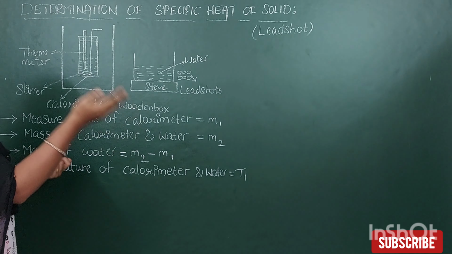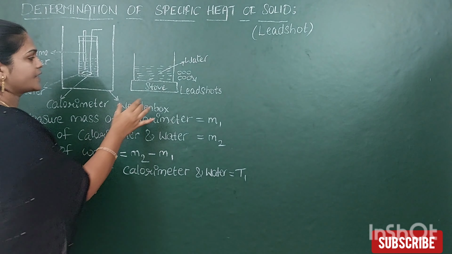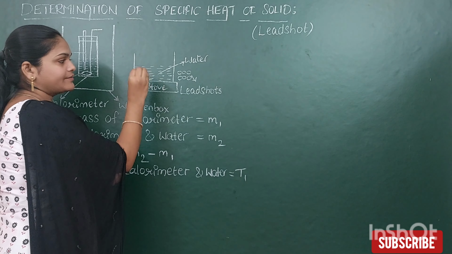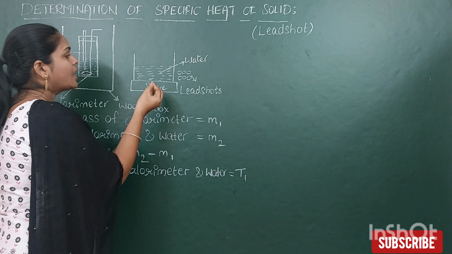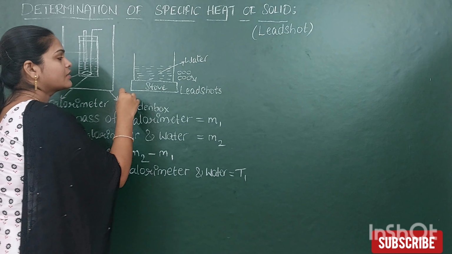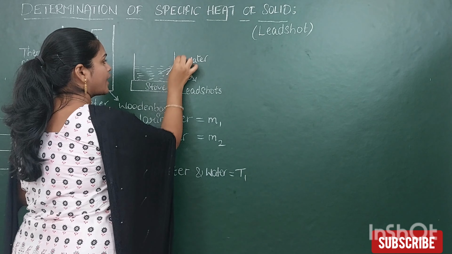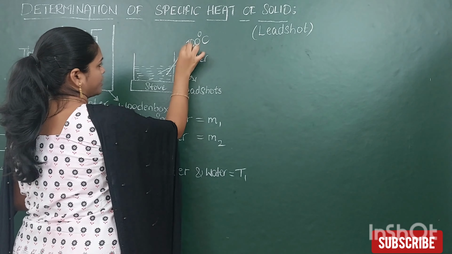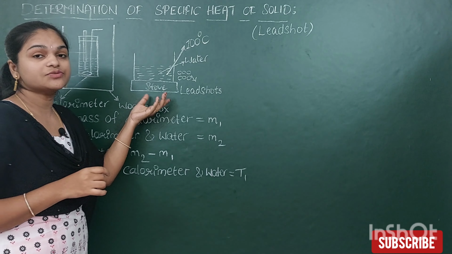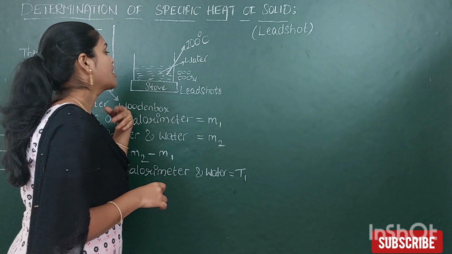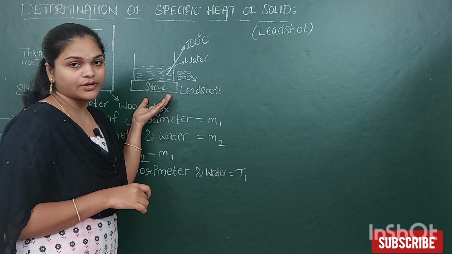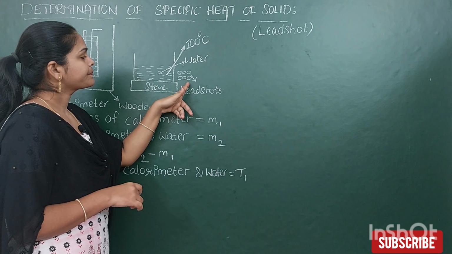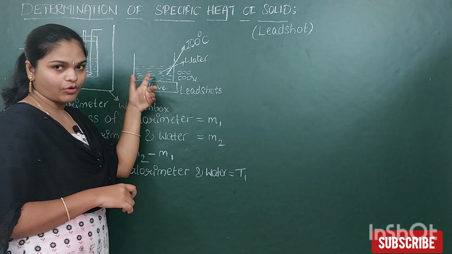Next, take a stove, place a beaker on it and pour some water. First you have to heat this water up to 100 degrees Celsius. When you heat this water up to 100 degrees Celsius, you have to put these lead shots into that water.